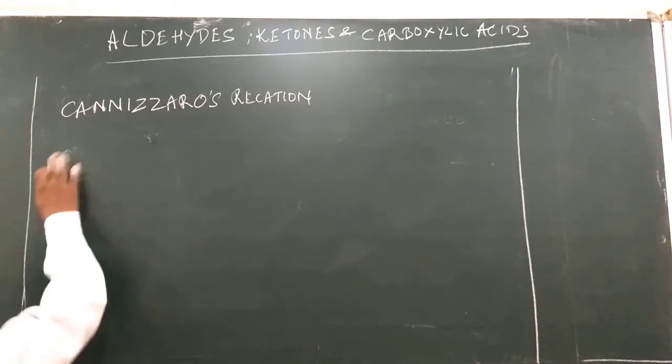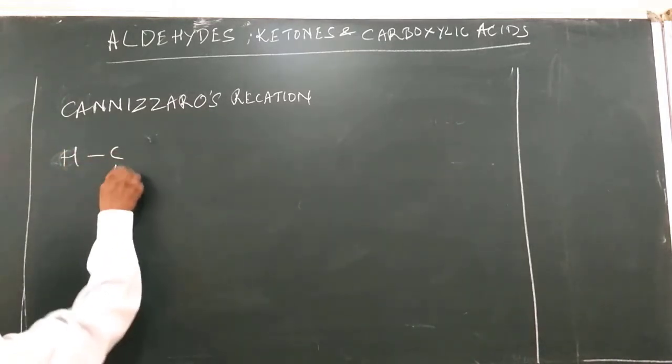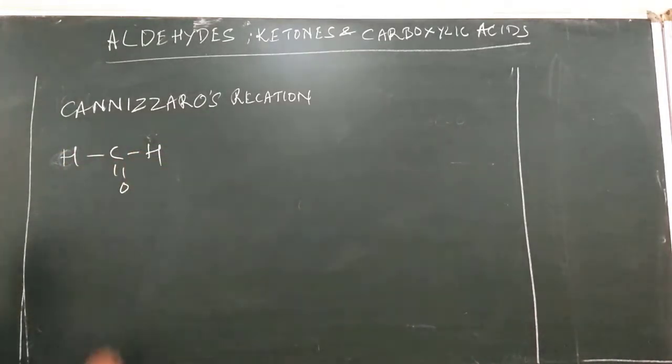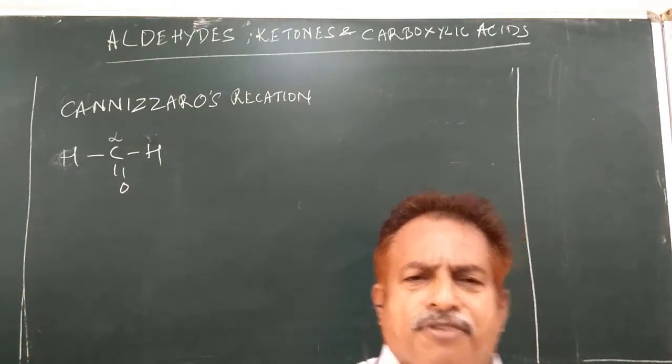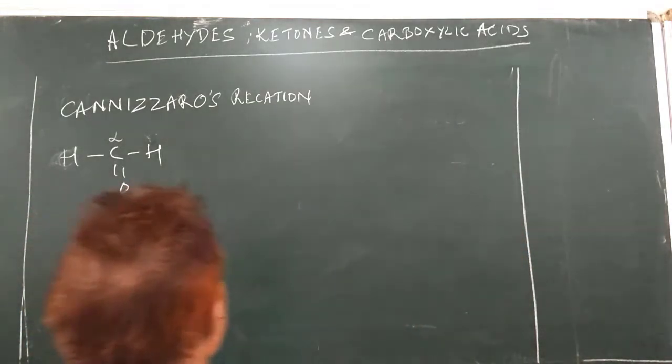For example, HC=O–H. This is the carbonyl carbon. There is no other carbon, that is, there is no alpha carbon. If there is no alpha carbon, there is no question of having alpha hydrogen.